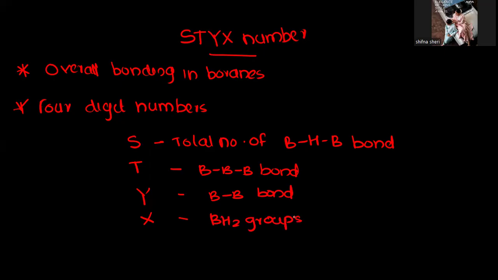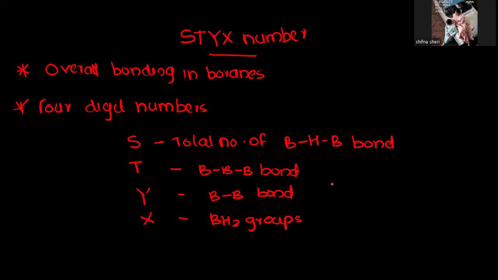Before going to the exam, you have to understand what S, T, Y, X are. Then only can you easily understand how many of each bond are present in the particular borane. So S is the total number of BHB bonds, T is the BBB bonds, Y is the BB bonds, and X is the BH2 groups.